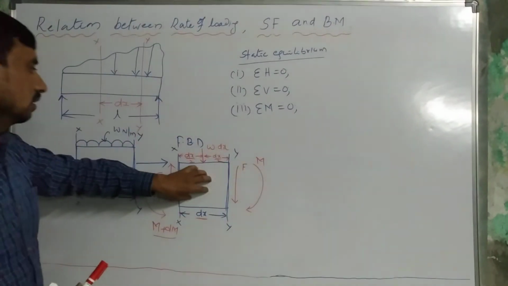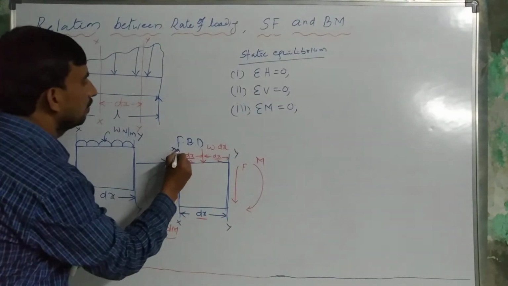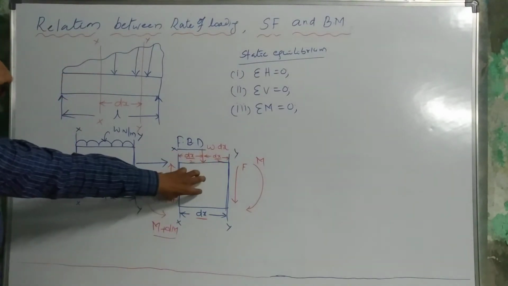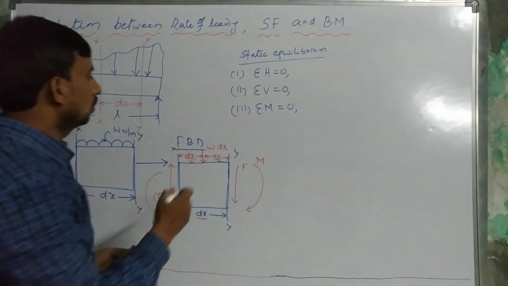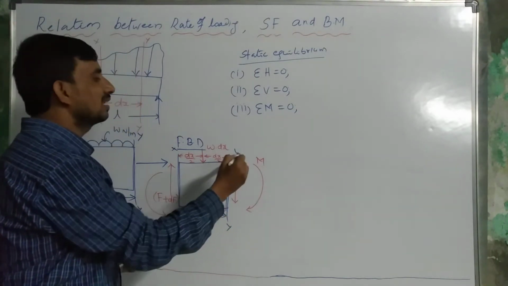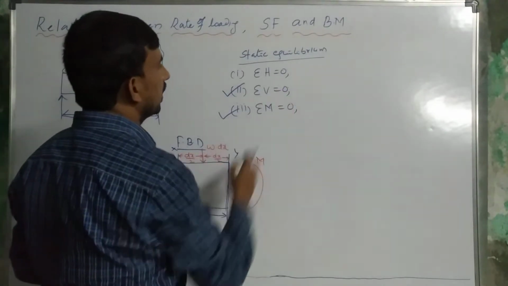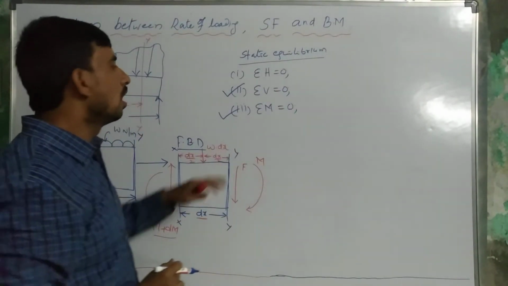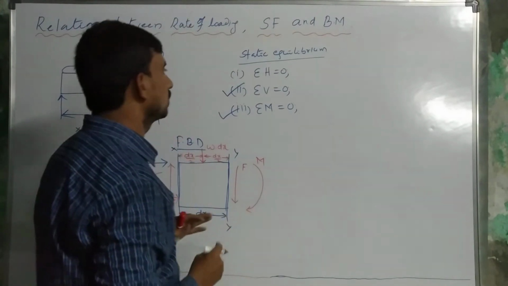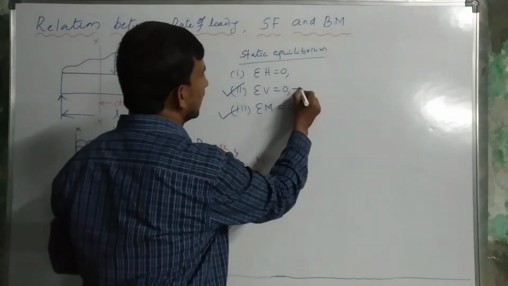If you take this free body diagram of this elemental portion of a beam, there are no horizontal forces acting. So here we have only vertical forces and moments. We will make use of these two equations: algebraic sum of vertical forces equal to 0 and moment about any section equal to 0. Here we need to follow some sign convention.